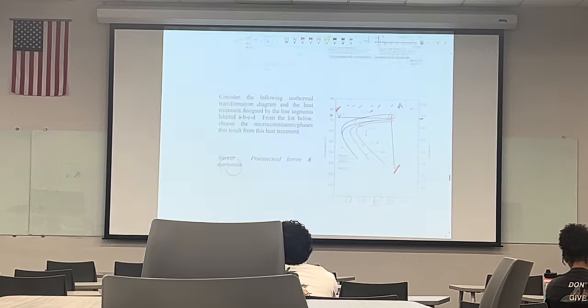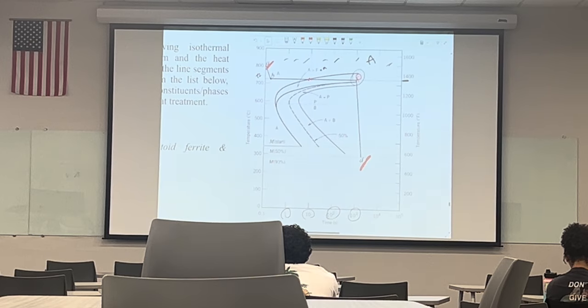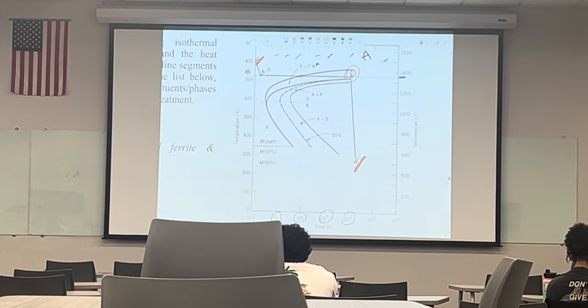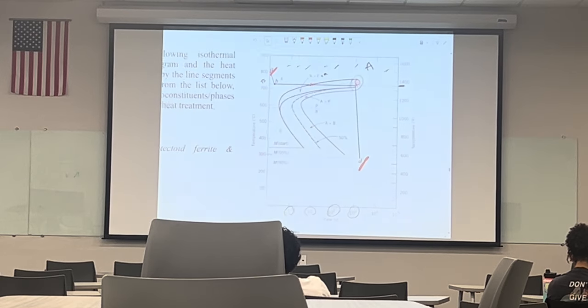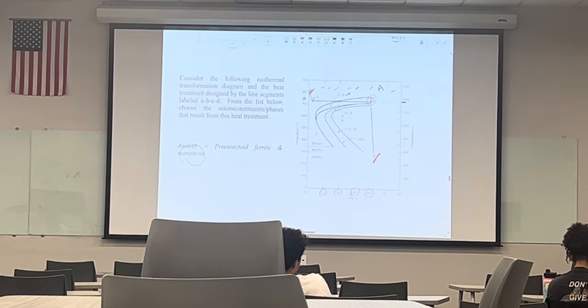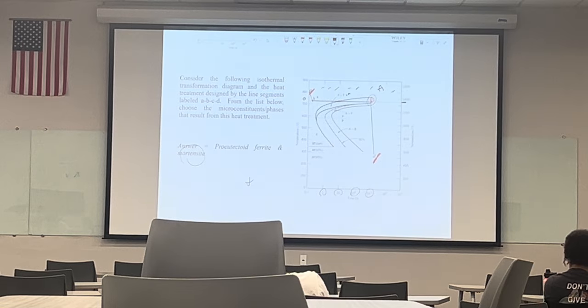Wait, there's something wrong with this one. Not wrong, but I think something is missing on this figure here.